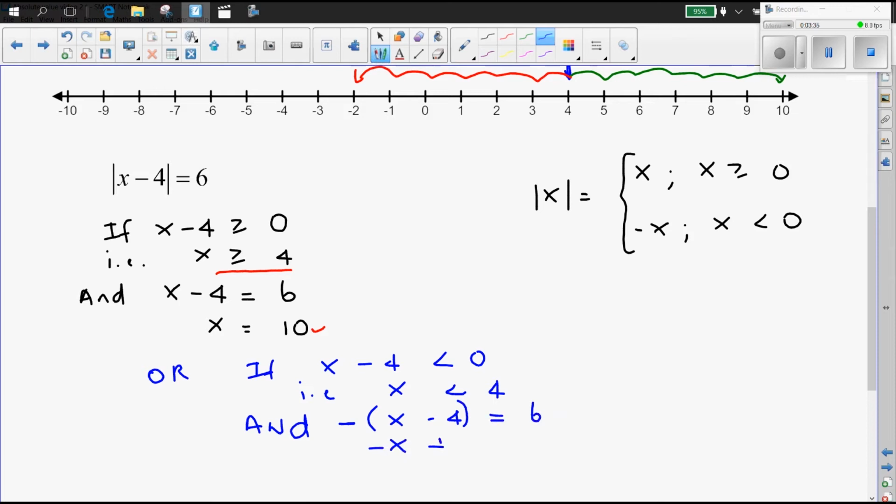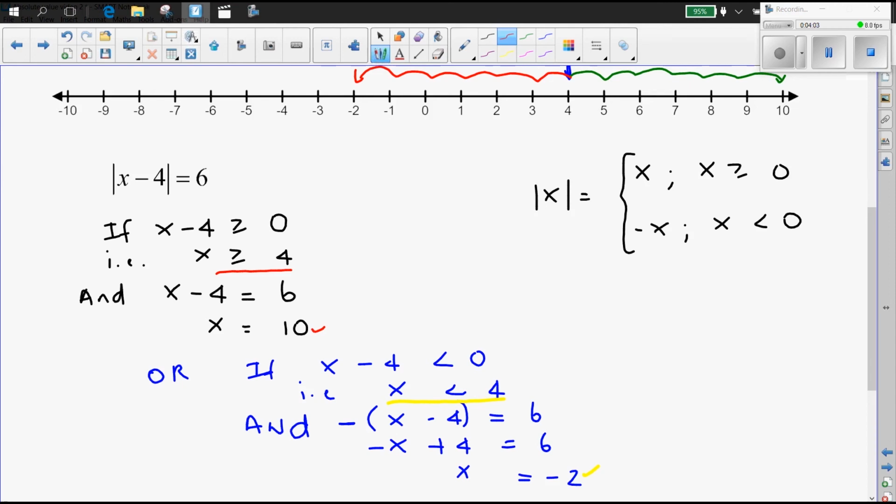So I have minus x plus 4 equals 6, so x equals negative 2. Let's check the solution against the restriction. Is negative 2 less than 4? Because my restriction says x is any value less than 4. And yes, negative 2 is less than 4. So my solutions are x equals 10 or x equals negative 2.